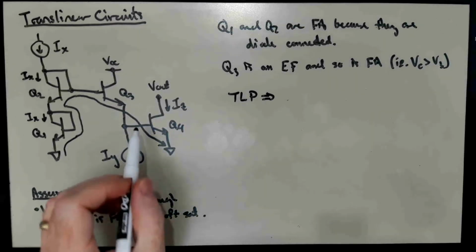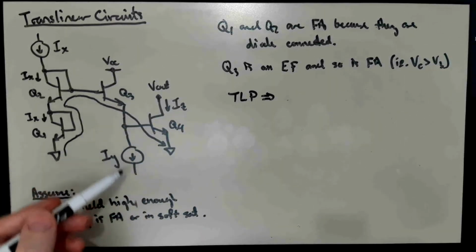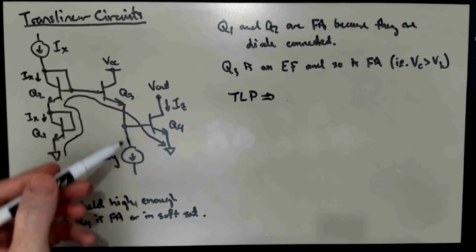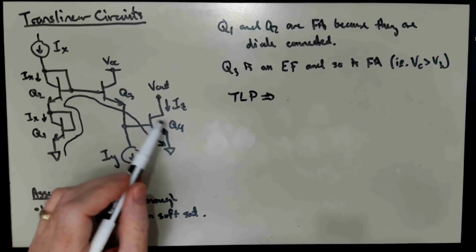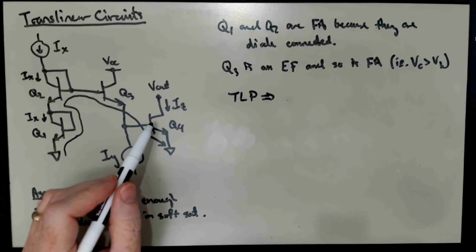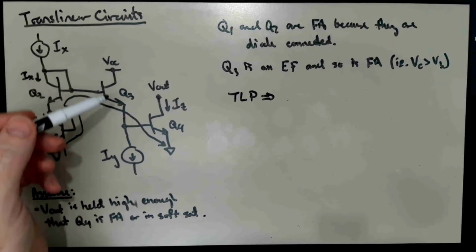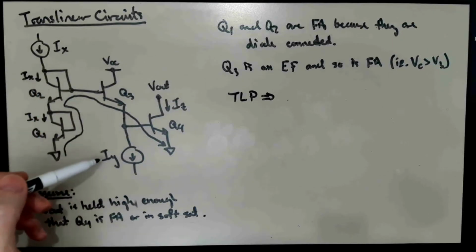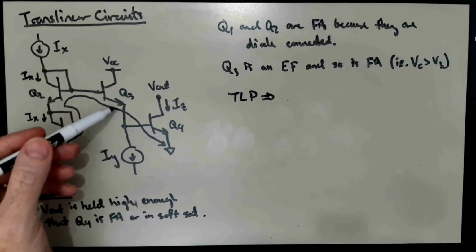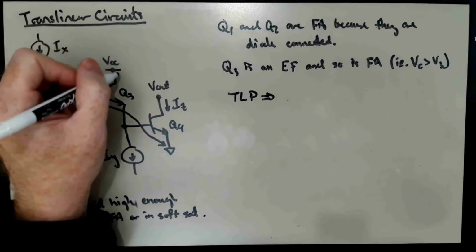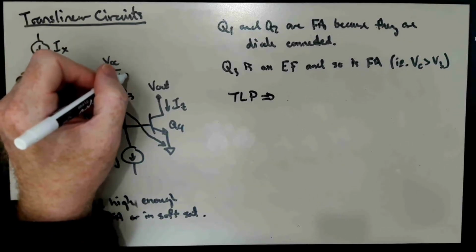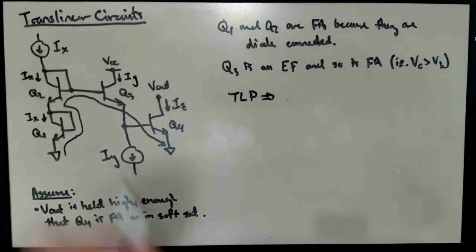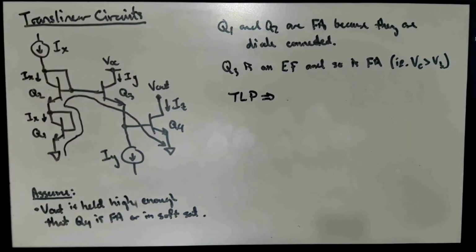Well, what about Q3? We're pulling IY out of the emitter of Q3, and we're assuming, again, the base currents are basically 0 in our idealized transistor assumption. And so the only place for that current IY to come from is the emitter of Q3, and that must come from the collector of Q3 and from the power supply ultimately.